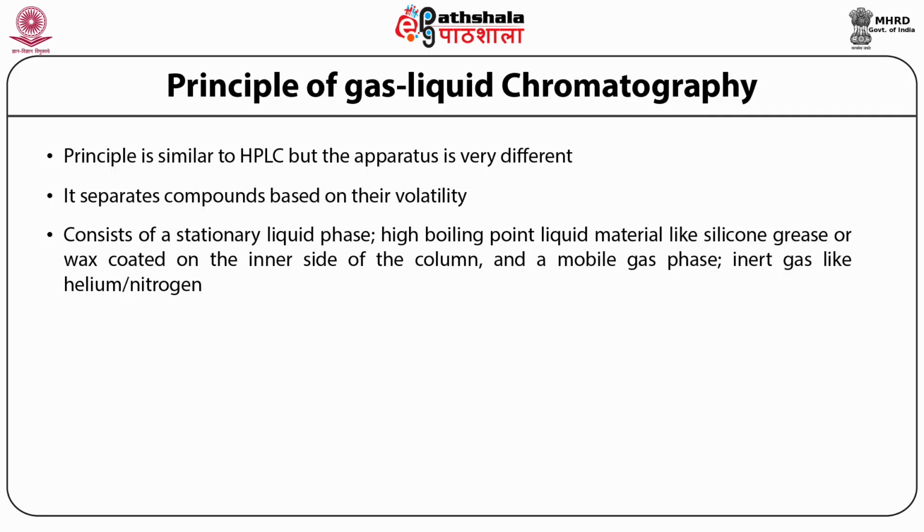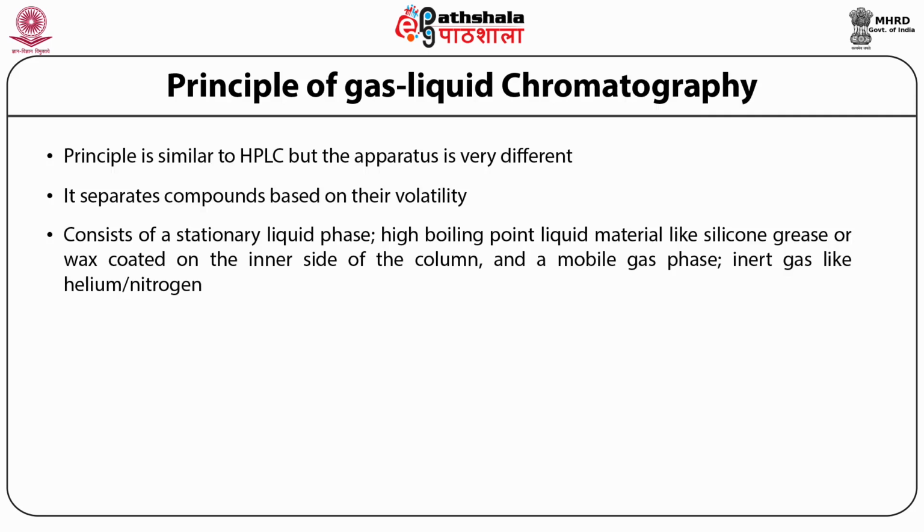The mobile phase here is a gas, which is an inert gas like helium and nitrogen, which is also different from HPLC and TLC, where the mobile phases are a mixture of organic solvents, while in GLC the mobile phase is an inert gas, and hence the compounds need to be volatile in order to be carried by the carrier gas through the column.